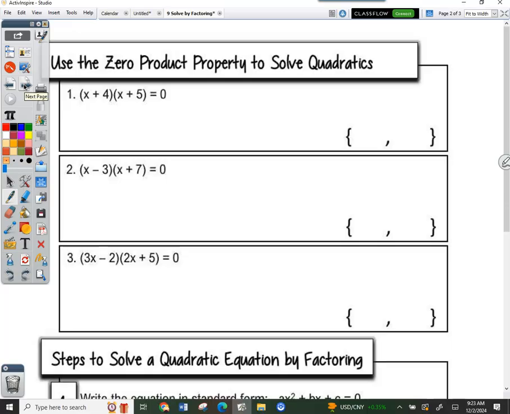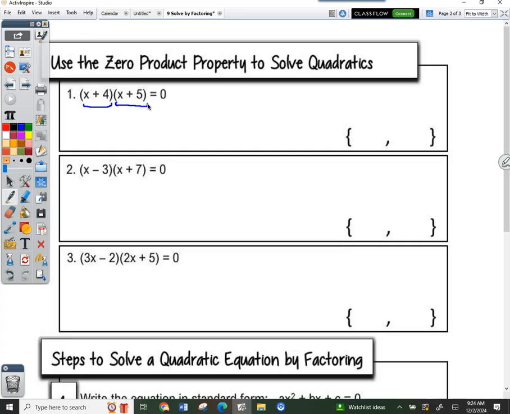When it's in factored form, this is factored form, a binomial times a binomial equaling 0. Because I have this times this and I know it equals 0, this lets me know that one or both of those factors must be 0. Do we have a way of knowing which one it is? No. So we assume they both equal 0.